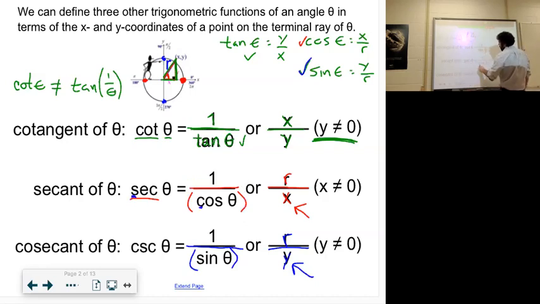Secant starts with an S, cosine starts with a C, cosecant starts with a C, sine starts with an S. So if you're trying to remember which reciprocal function is connected to which standard function, the first letter of each function doesn't line up. Cotangent's nice because it has the word tangent in it, but secant and cosine are related, and sine and cosecant are related. So just be careful when you're working through those problems.